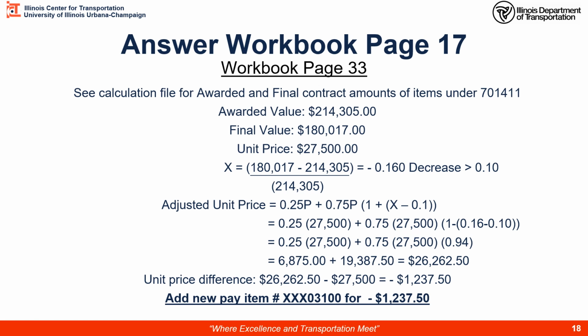And when we get said and done, we're at $26,262.50. So we got a $1,237.50 decrease this time. Again, our XXX number is 03100 for the price adjustment for traffic control, and a negative $1,237.50 for a quantity of 1.